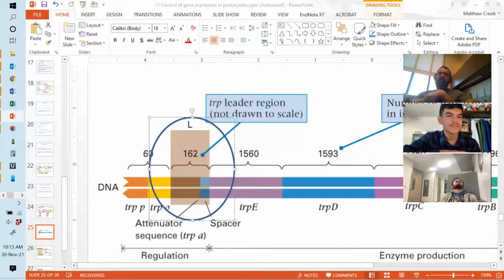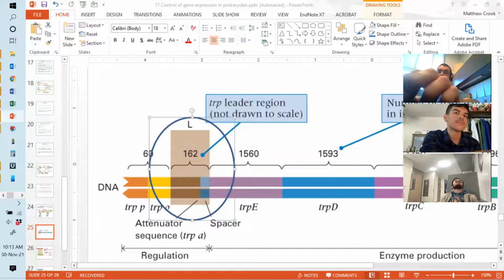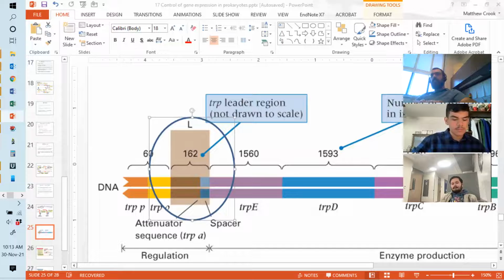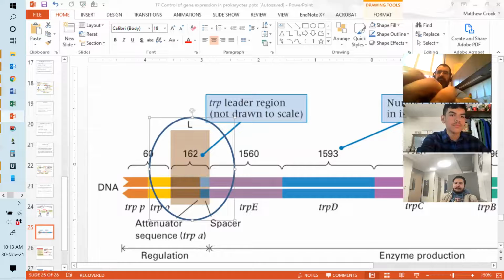So the leader region mRNA contains 4 different regions, 1, 2, 3, 4, that can form how many different conformations? Is it just 2? Correct.